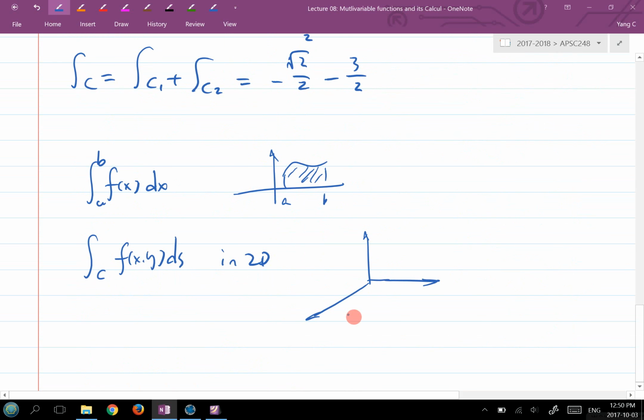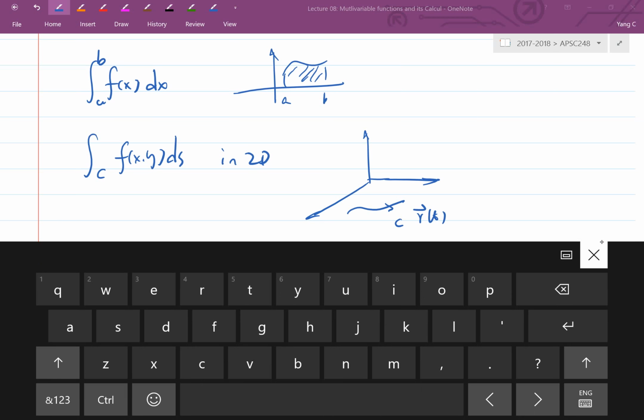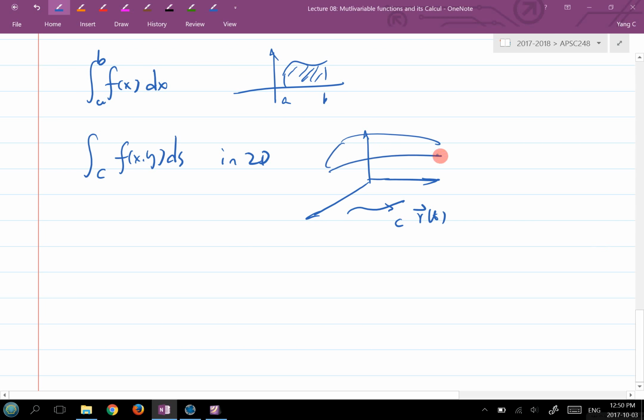So if you have a curve C, this is your 2D curve instead of a 3D curve, and then you have your f of x, y defined. That's a surface in 3D space.